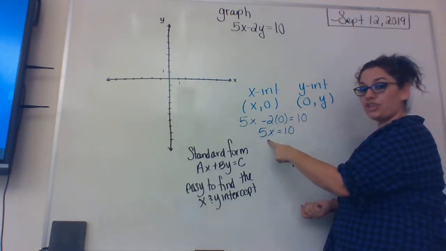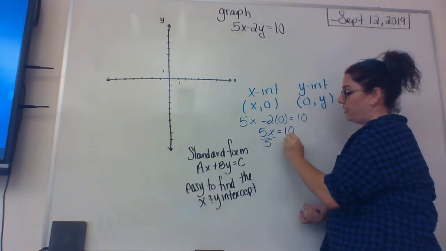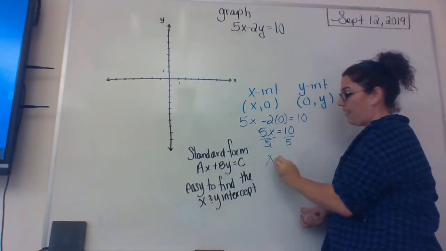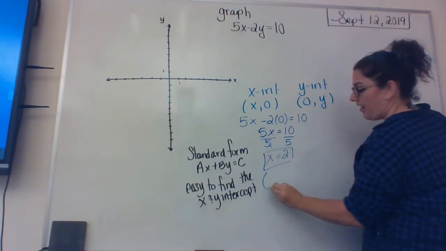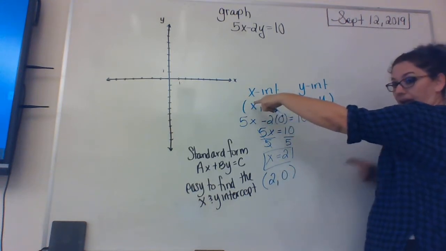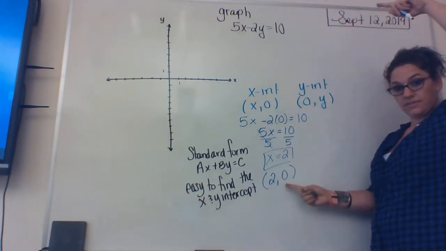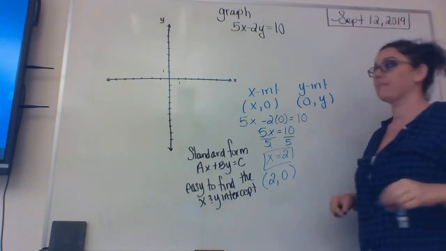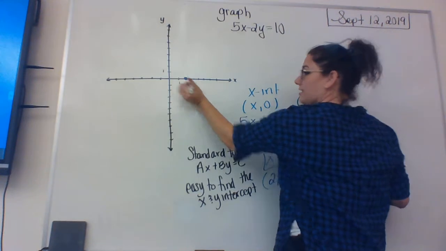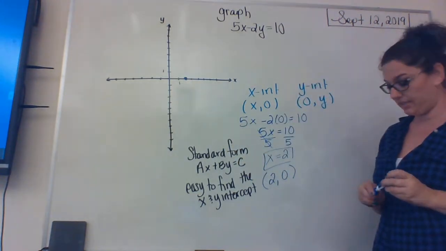Undo multiplication with division. What you do to one side, you best do to the other. And we find out that x equals 2. So I now have an x-intercept that's (2, 0). Again, some x, which we just found, and 0. So I'm going to come graph it. Start at 0, move to the right 2 because it's positive, and I plot my point.